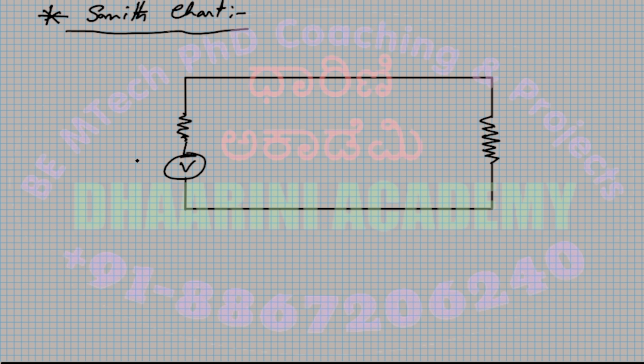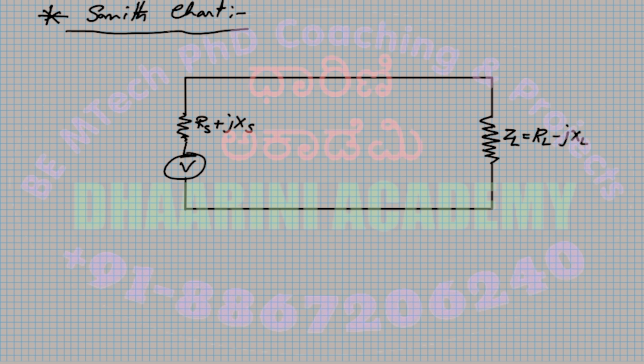Let us say the source has a resistance Rs plus j times Xs, and the load ZL can have RL minus jXL or something, right?